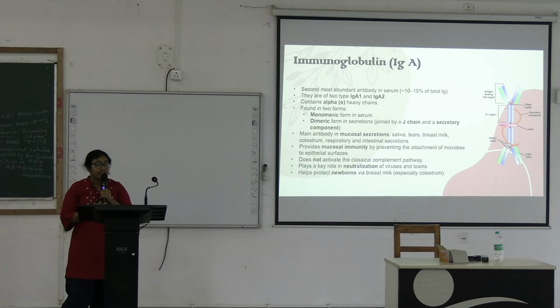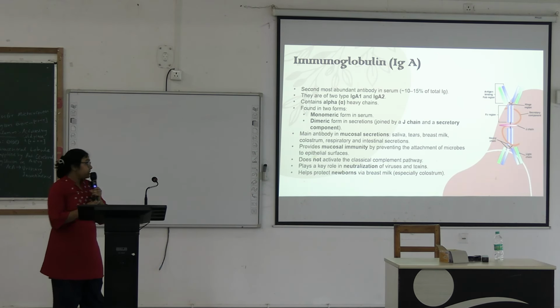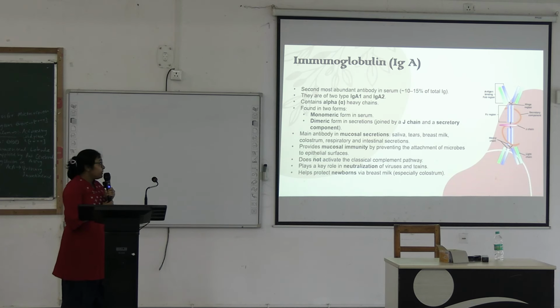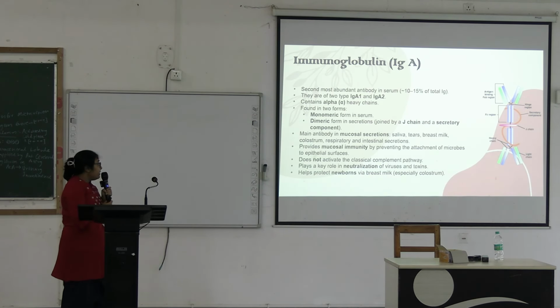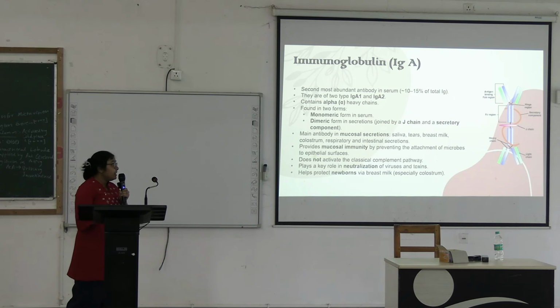Next Ig is IgA, second most abundant antibody in serum, 10 to 15%. They are of two types, IgA1 and IgA2, contains alpha heavy chains, found in two forms, monomeric form in serum and dimeric form in secretions, joined by a J chain and the secretory component.